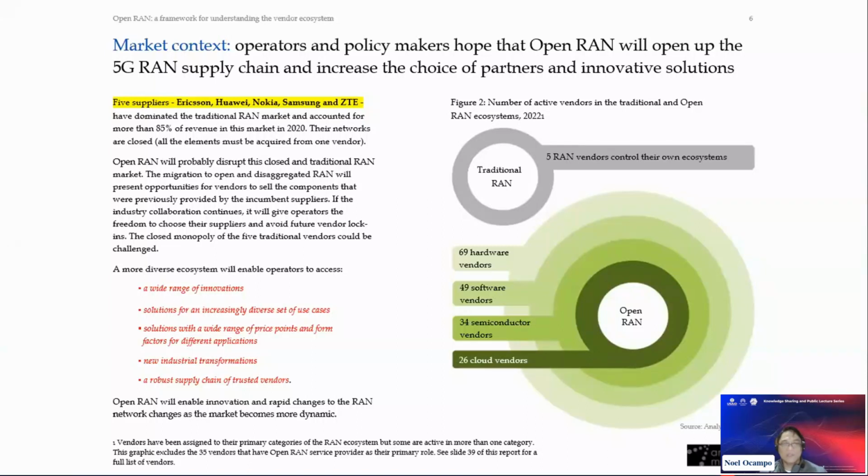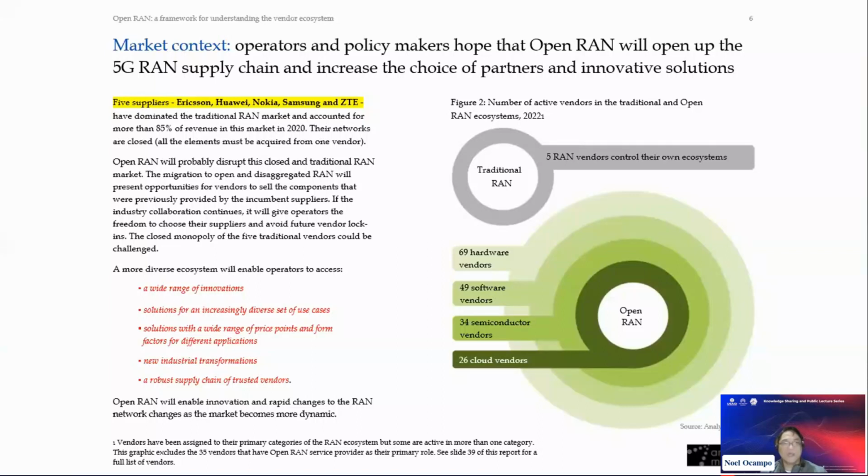So what will happen because we will have this new open system? Innovation will drive everything, right? Because of these vendors, we will have a wide range of innovative solutions for an increasingly diverse set of use cases, solutions with a wide range of price points and form factors for different applications, new industrial transformations, and a robust supply chain for trusted vendors.